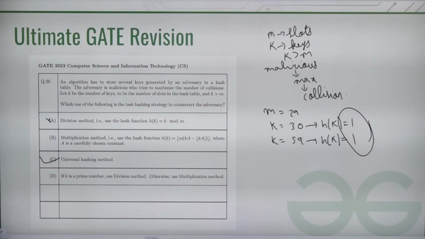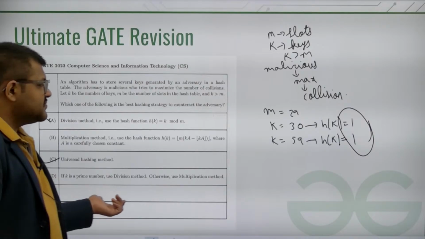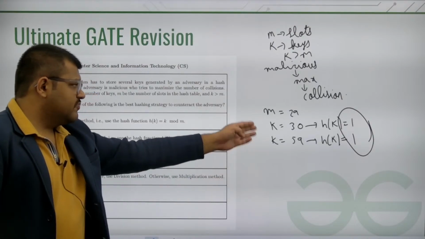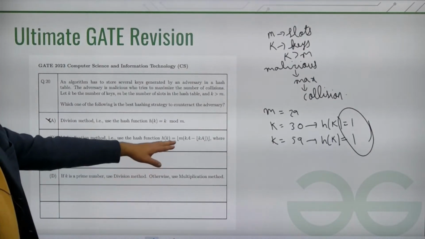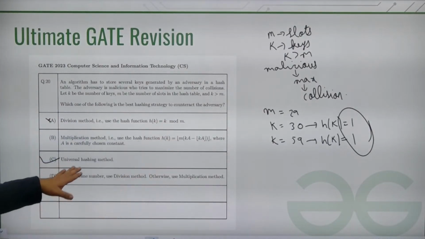Another one, the last one, is: if k is a prime number, use division method, otherwise use multiplication method. Again, whether k is prime or not, I can always get collision, right? I can get different values, and in the multiplication method also, right? And the universal method is also given.